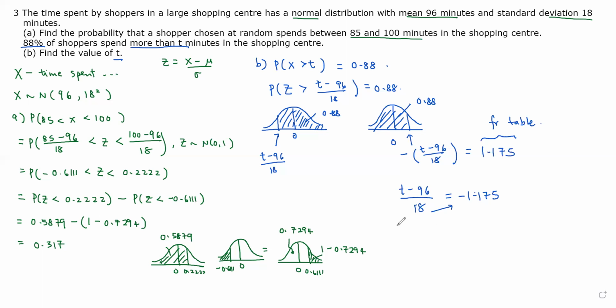Multiplied by 18, we have T minus 96 equals -1.175 times 18. And then adding 96, we have 96 minus 1.175 times 18 here. And T is 74.85.